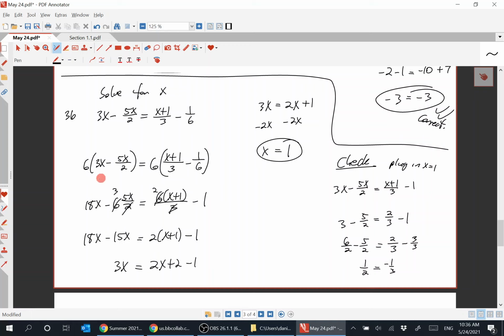6 times 3, 18. 3 times 5 is 15. 2x plus 2, and that's 1. 3x plus 1, x equals 1. 3, 5/2, 2/3, 1.